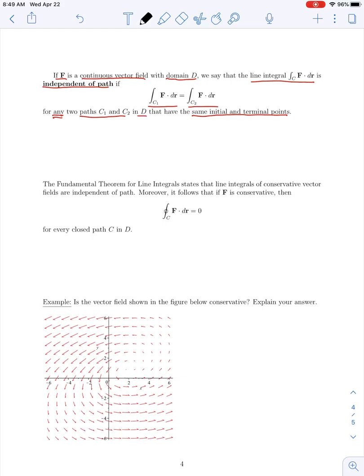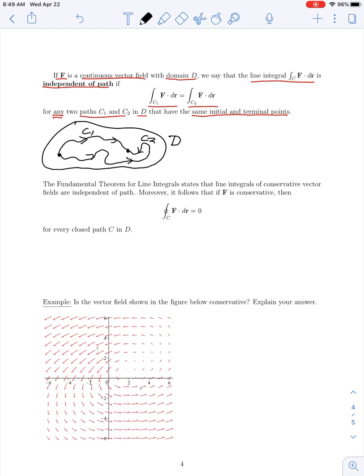So to illustrate that, let's say that we have within some domain D, two points, some initial and terminal point of a curve, and we have some curve C1, which connects those points, and we have a different curve, let's say C2, which connects those same 2 points.